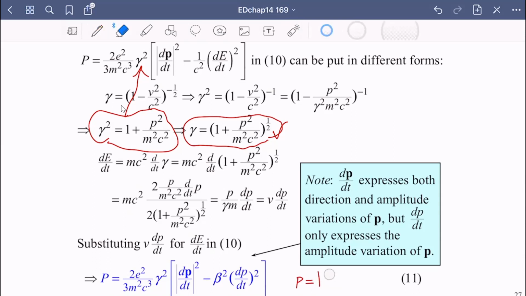I'm sorry, handwriting is difficult to type. It's much easier. dp dt. Sorry. That's the absolute value of P.